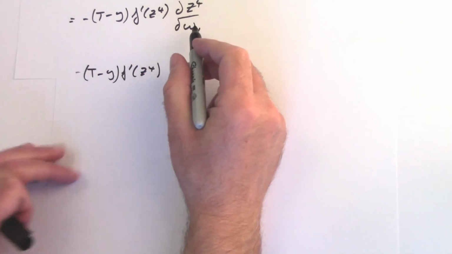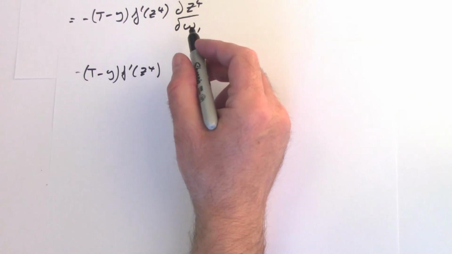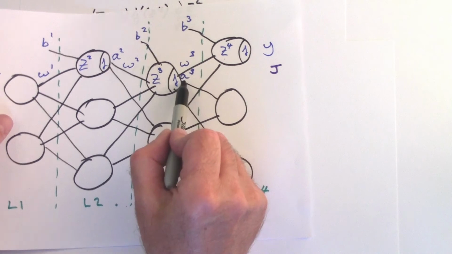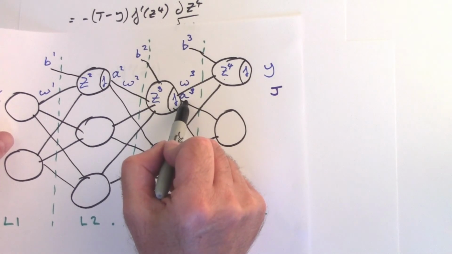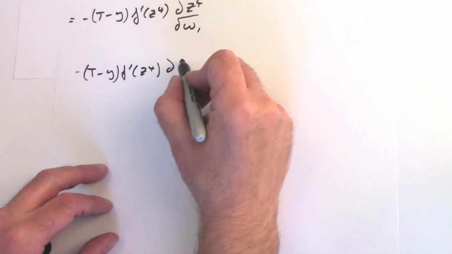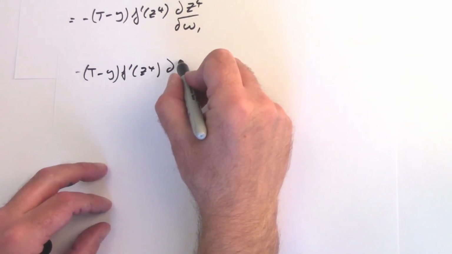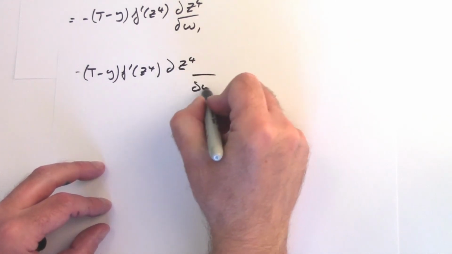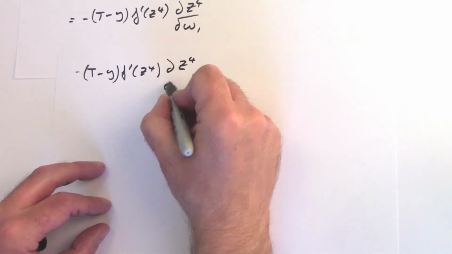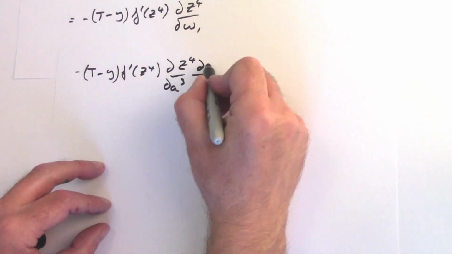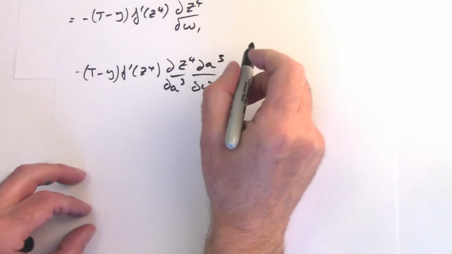Now dz4 by dW1, again, what we have here, z4 W1, we've got the A3 activation function there as a dependent variable. So dz4 by dW1 goes through dA3.